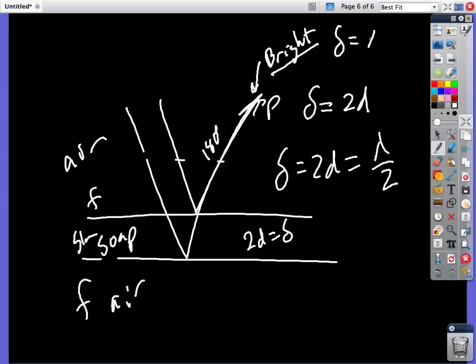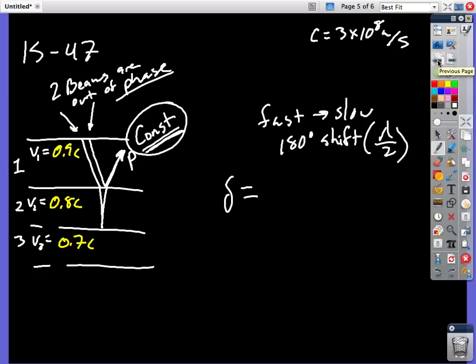If we know it's bright, you would expect delta to be lambda. But if it's bright, and you know that one of these had a shift, then you know that the path difference is lambda over 2. Right. So here, they tell us that this is a constructive interference.